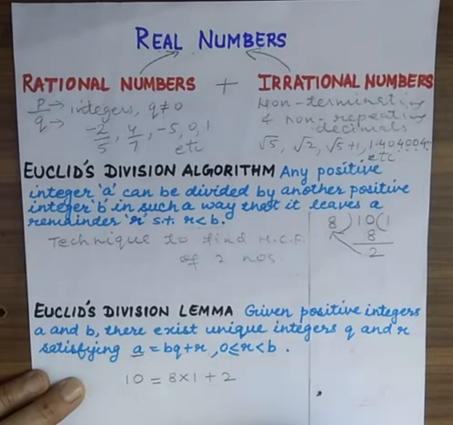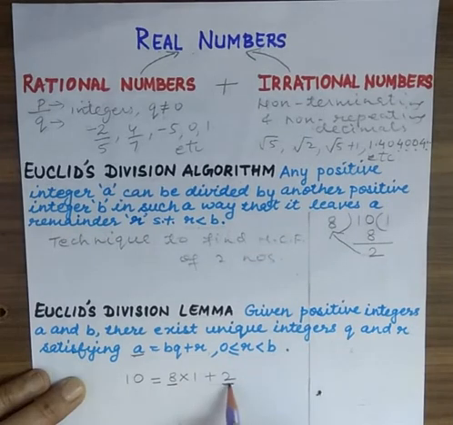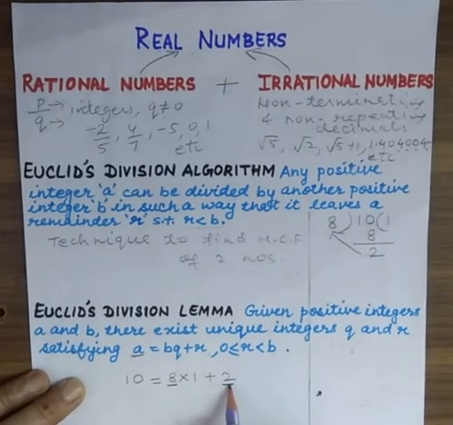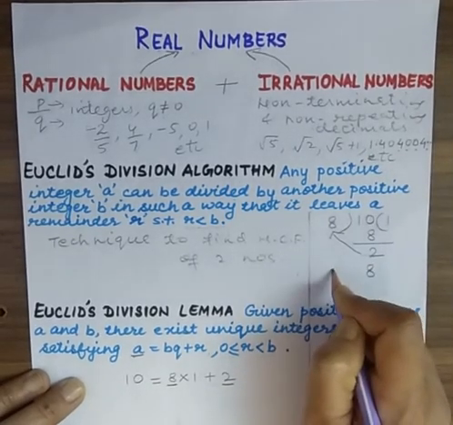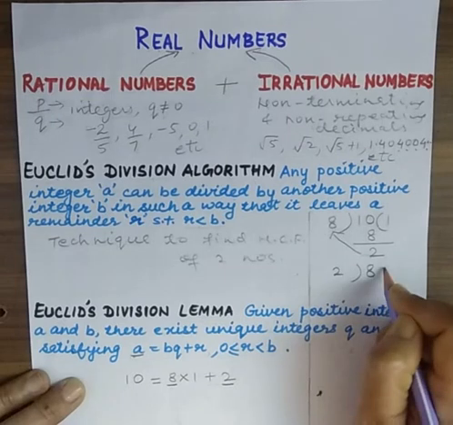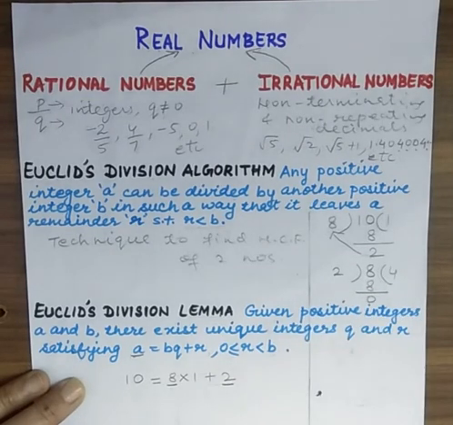But how is it done? For that, we observe that we have the present divisor 8 and the remainder is 2. Alright. So the present divisor becomes the dividend and the remainder becomes the divisor, and we divide. 2 4s are 8 and we get the remainder 0.